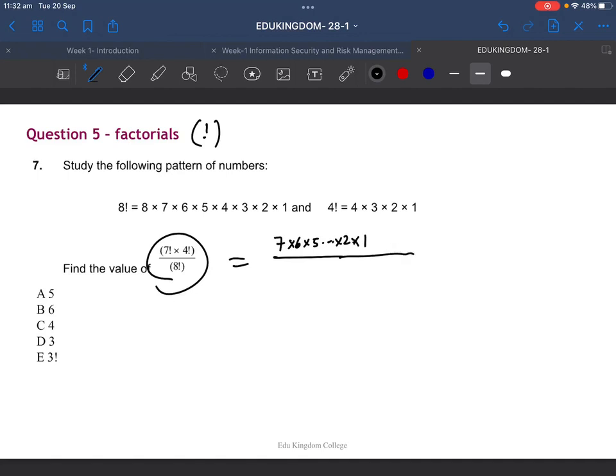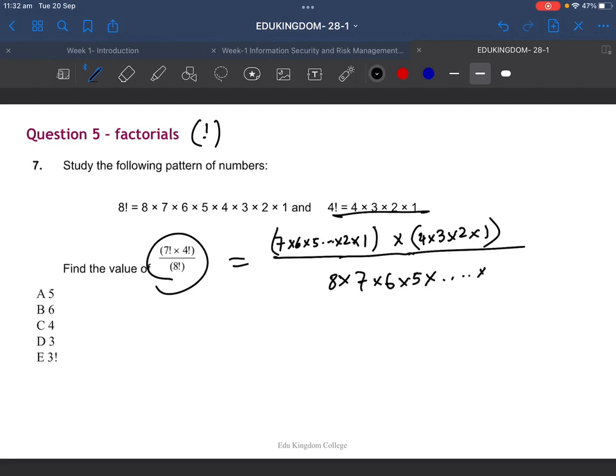What's 4 factorial? It's 4 times 3 times 2 times 1. How about 8 factorial at the bottom? It's the same as 8 times 7 times 6 times 5 and so on, times 2 times 1.